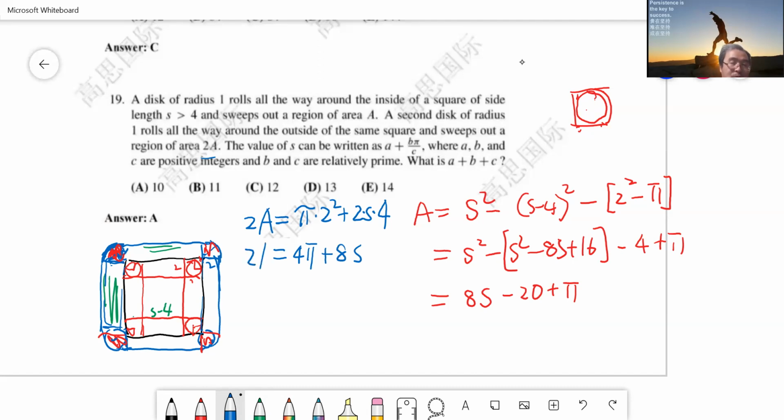Which is 2a, right? So we can continue to find a actually equals 2 pi plus 4s. So now you can see this is a, and we can set up an equation with only one variable s.